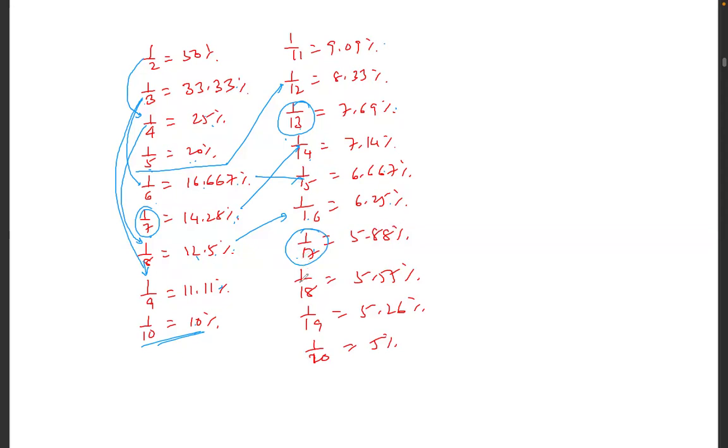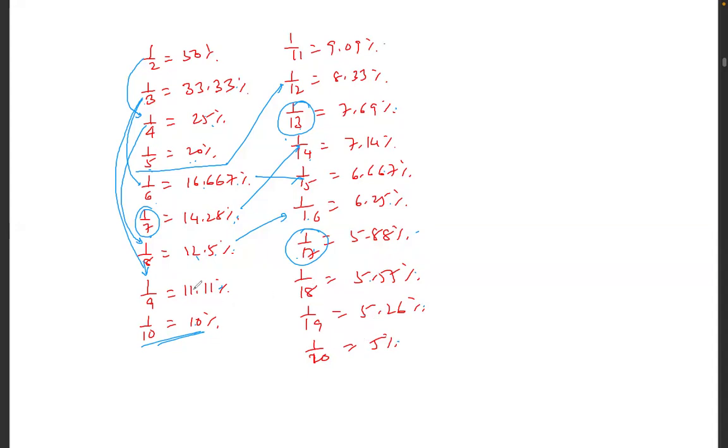Okay. 1 by 17, 1 by 18, 1 by 19, and 1 by 20, all four start with 5. Remember this thing. So this is the trick. This is why I never forget. Last four all start with 5. So this is 5.88, this is 5.55, and this is 5.26, this is 5%.